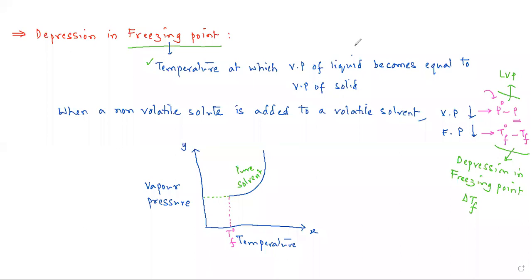Now, when a non-volatile solute is added, we get this type of a curve. Say this is for solution.